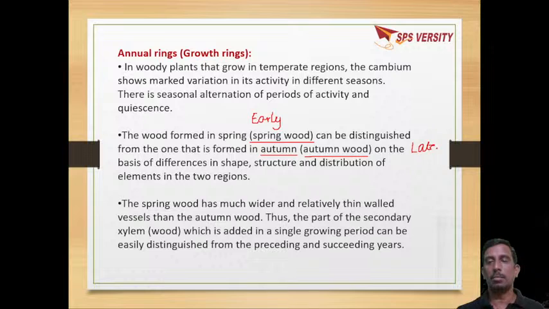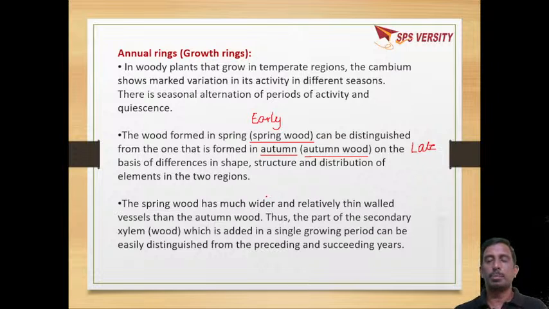So एक साल में two types of secondary xylem are formed. One is spring wood, one is autumn wood. Spring wood has much wider, relatively thin-walled vessels when compared with autumn wood. So every year spring wood and autumn wood are added.